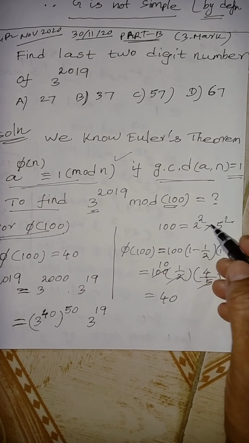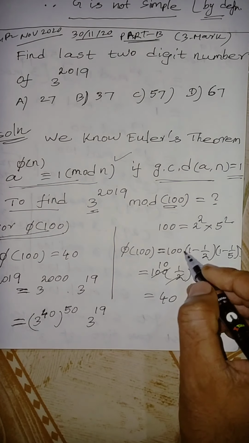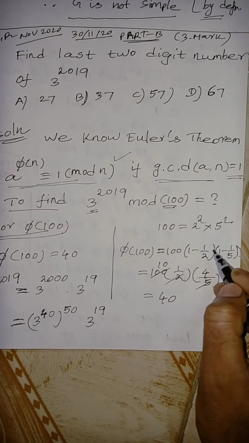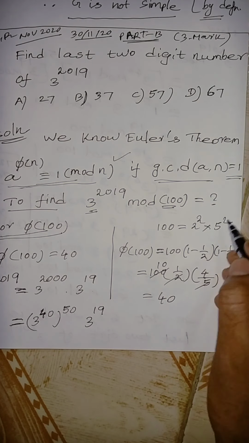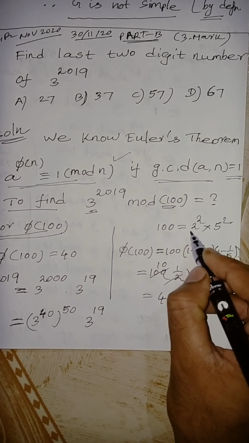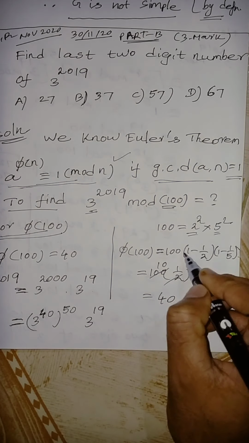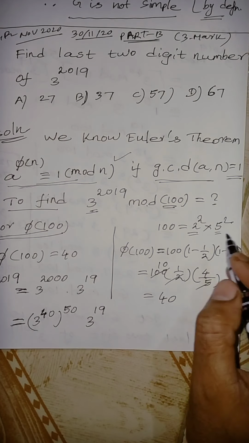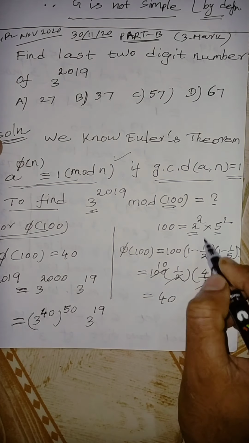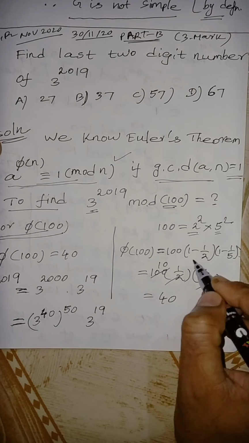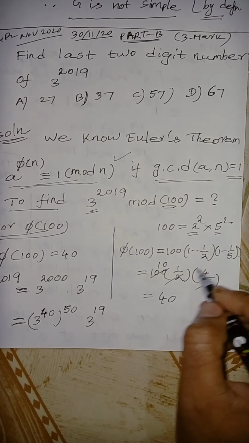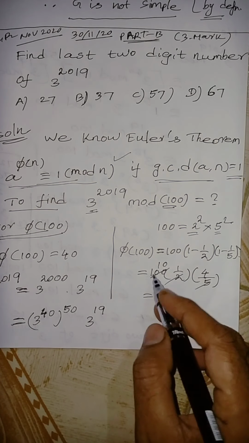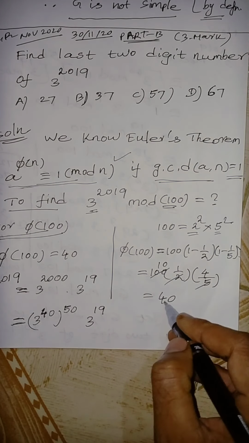So 100 into 1 minus 1 by 2, into 1 minus 1 by 5. In general it is 100 into 1 minus 1 by P, 1 minus 1 by Q, 1 minus 1 by R. After simplification, which you know very well, finally we get 40.